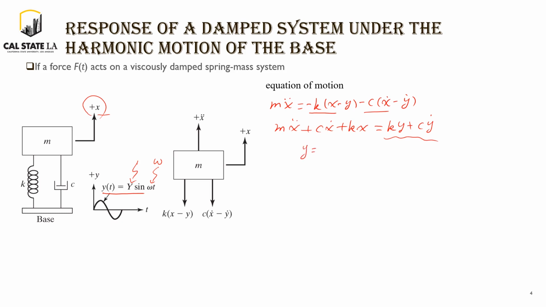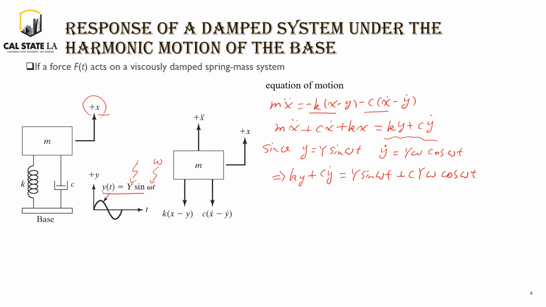Here we know that y equals capital Y times sine omega t, and we can find y dot equal to Y omega times cosine omega t. Then k y plus c y dot equals k Y times sine omega t plus c Y omega times cosine omega t.